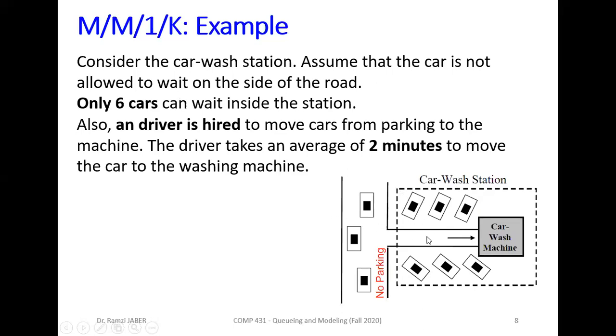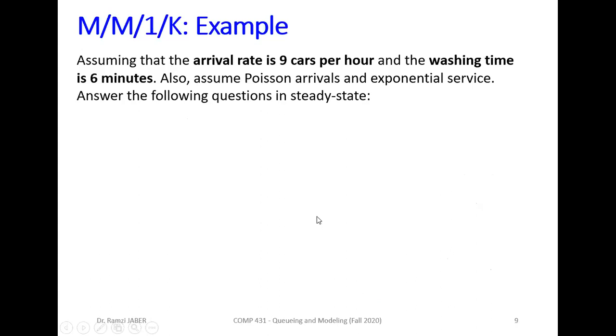Also, a driver is hired to move cars from the parking to the machine. This machine is an automatic wash machine. The driver takes an average of 2 minutes to move the car from the inside parking to inside the washing machine.